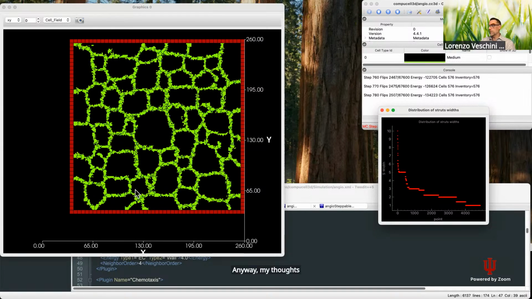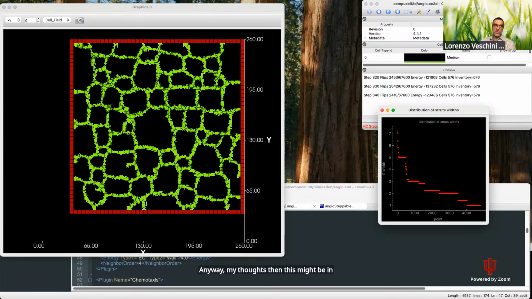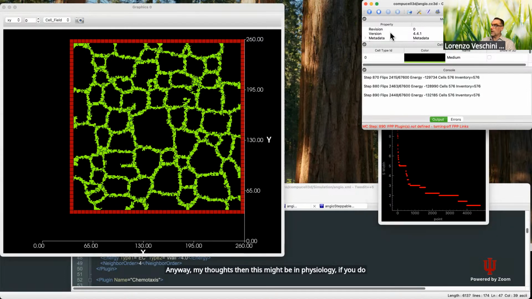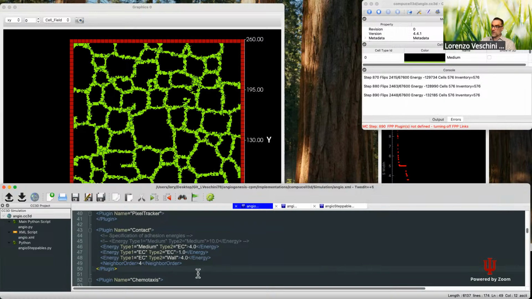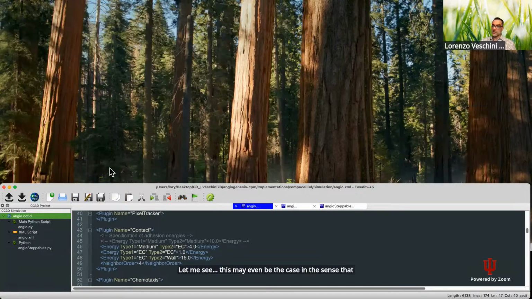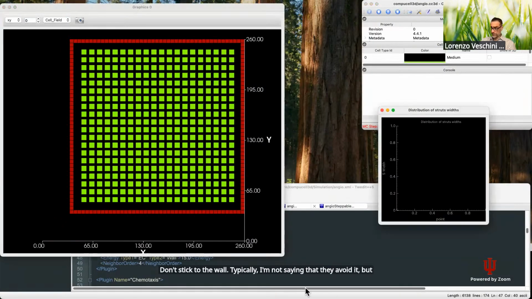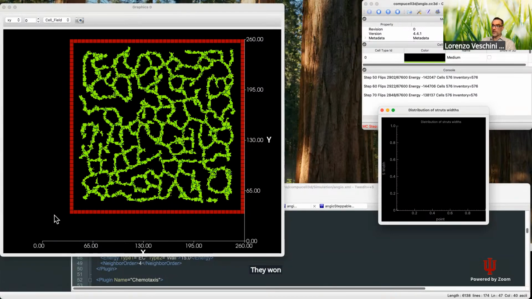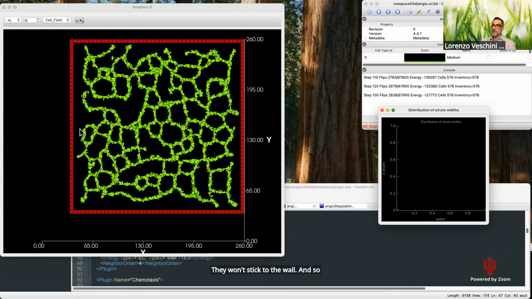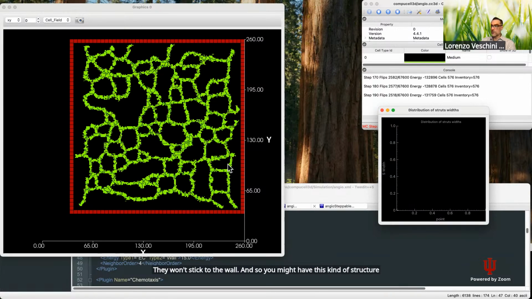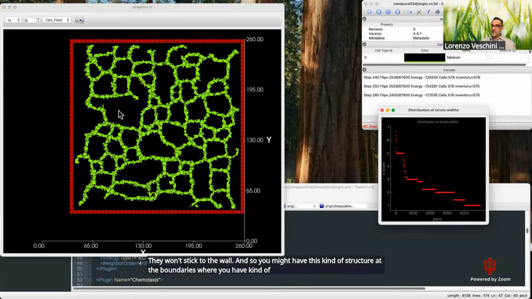Then this might be, in physiology, if you do a real matrigel assay, this may even be the case in the sense that your cells don't stick to the wall. Typically, I'm not saying that they avoid it, but it's structured in a way that they won't stick to the wall. And so you might have this kind of structure at the boundaries where you have kind of long lines, let's say.